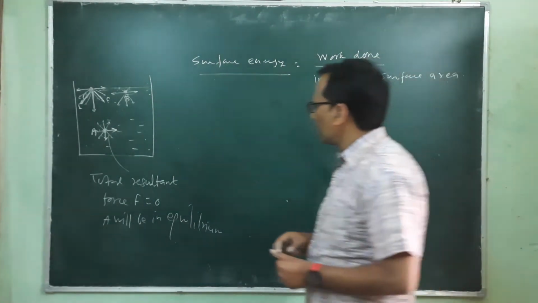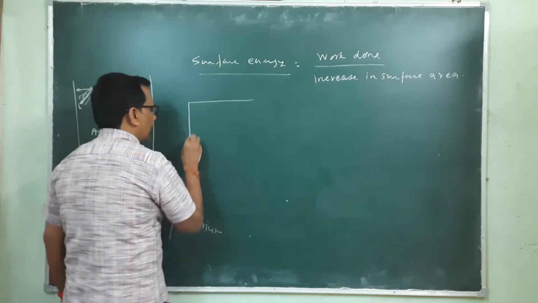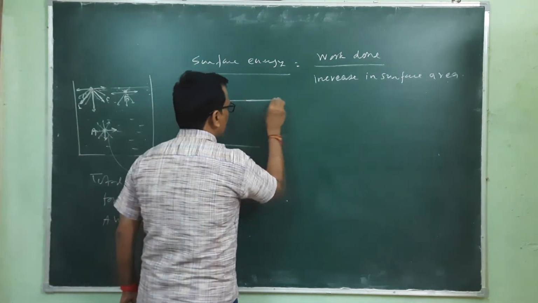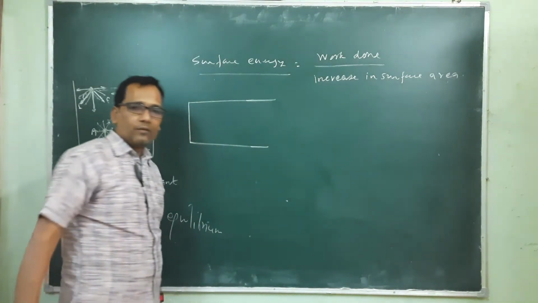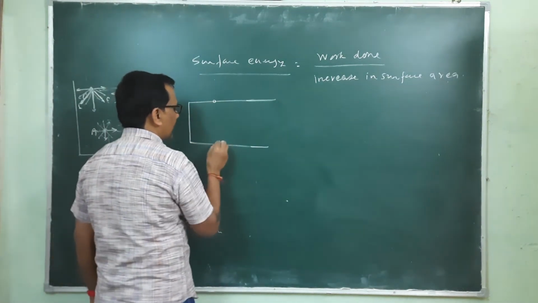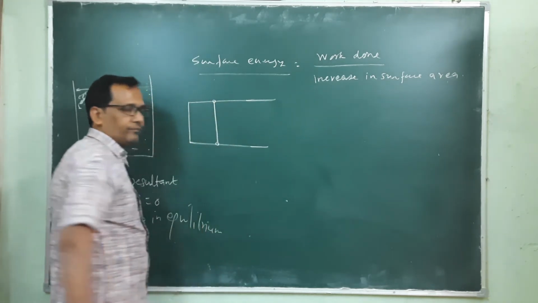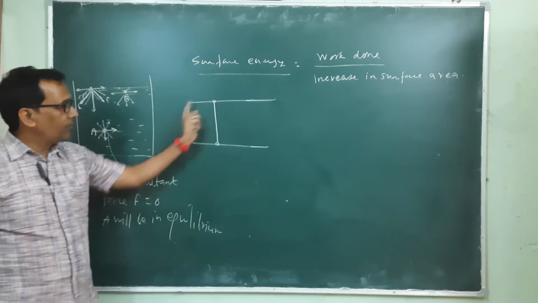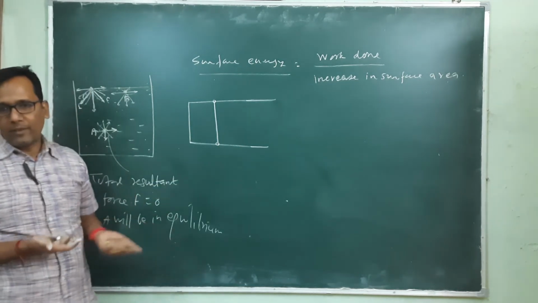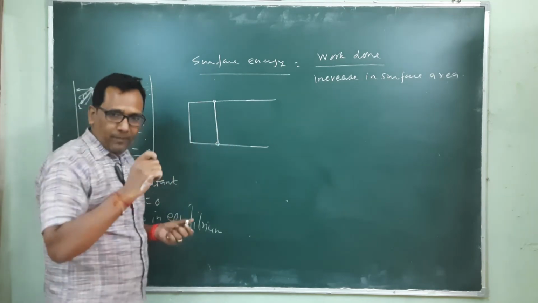So in the third experiment, let us take one specially shaped wire, made of copper or any metallic wire, and there is one sliding side here. This part is the sliding part.